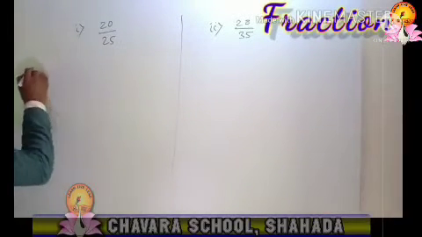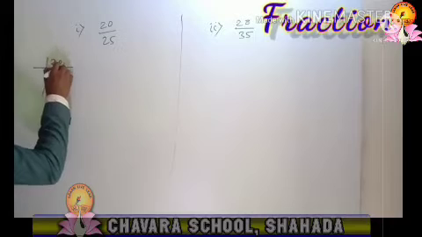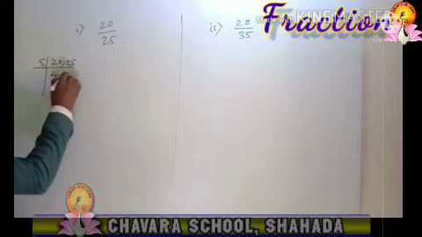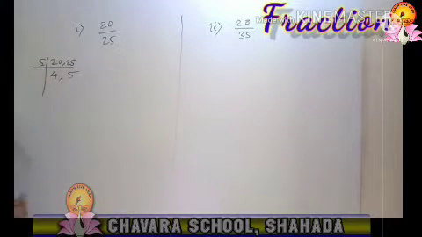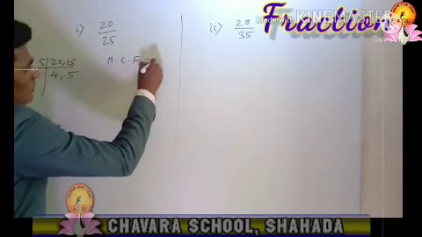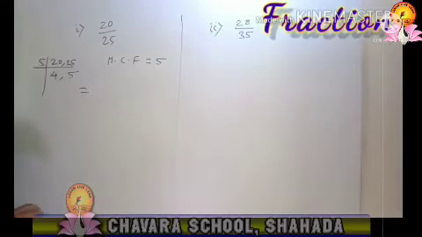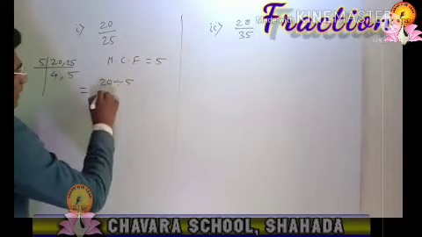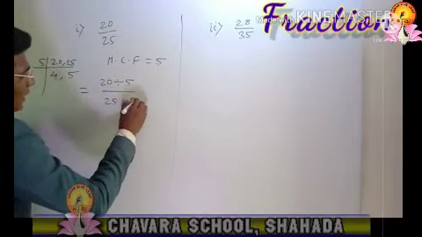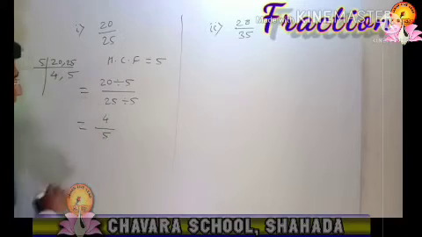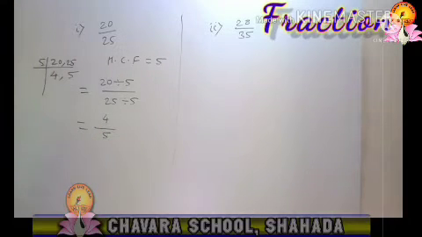So the HCF of 20 and 25 will be 5, since 5 4s are 20 and 5 5s are 25, and 4 and 5 are not divisible, that is why HCF is equal to 5. Now divide the numerator and the denominator by 5. 20 divided by 5 upon 25 divided by 5, and 20 divided by 5 is equal to 4, and 25 divided by 5 is 5. The answer we got is 4 by 5.